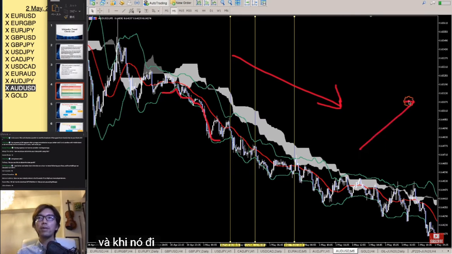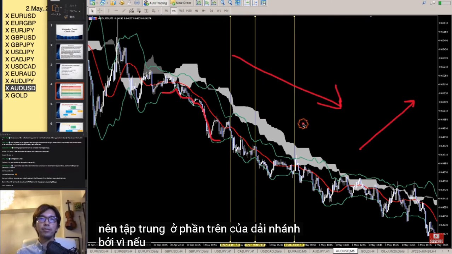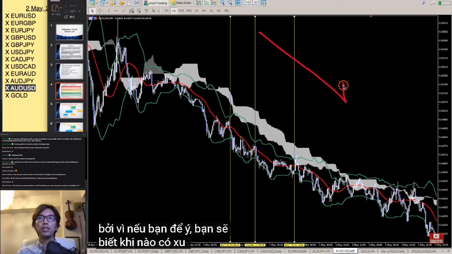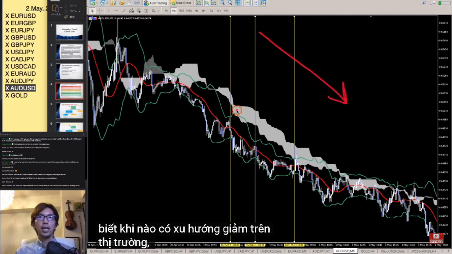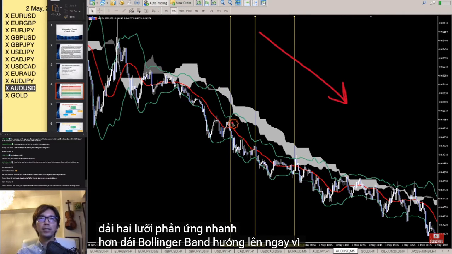And when it's going up, I recommend you focus on the upper part of the Bollinger Band. Because if you notice, when there's a downtrend in the market, the lower part of the Bollinger Band reacts more quickly than the upper Bollinger Band.